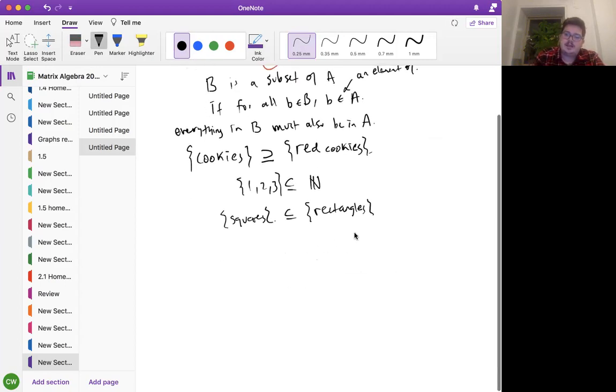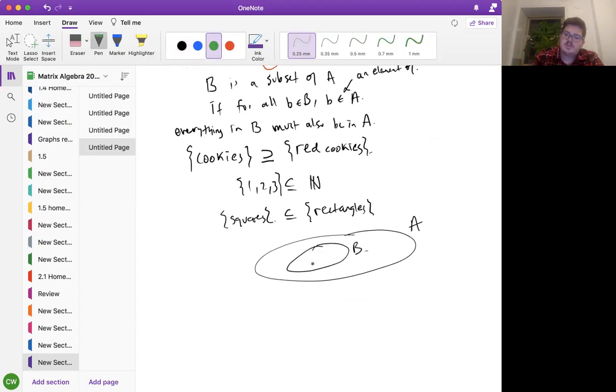So let's say this is A and this is B. So for any element in B, it also exists in A. So because B is inside A, b in B implies b in A. But the other way around doesn't work. a in A does not imply a in B. Right, but this element out here doesn't need to be a part of B. Does that make sense? Samantha?